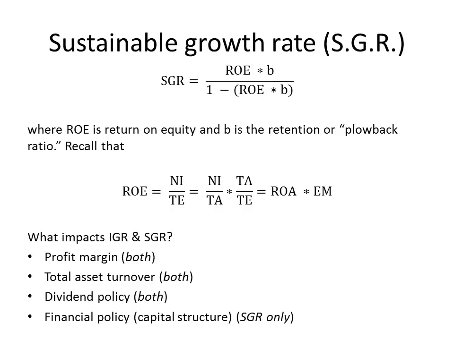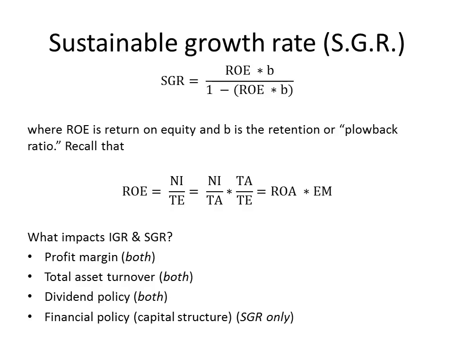Your dividend policy also impacts both IGR and SGR. Think about this. If you pay out all of your net income as a dividend, how much do you have left in addition to retained earnings? The answer is none. There's no internal equity. Therefore, sustainable growth rate and internal growth rate would both be 0.